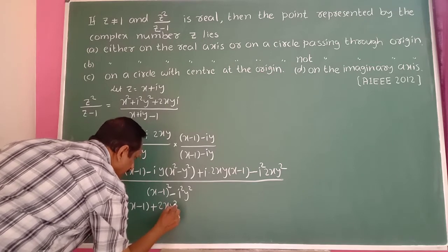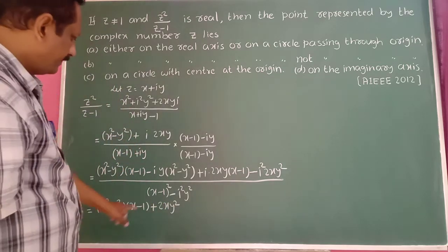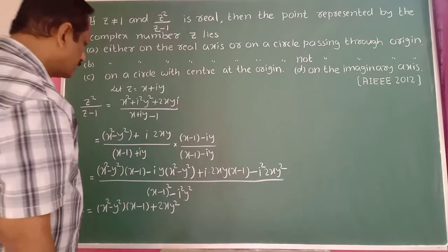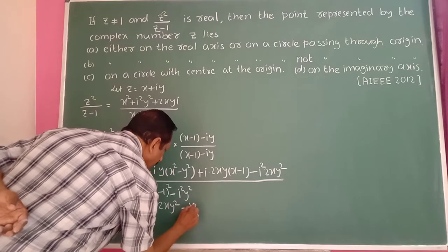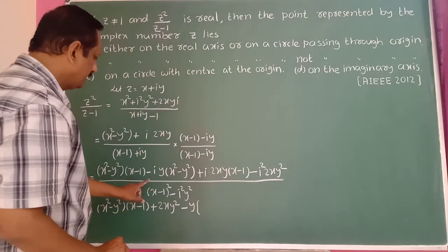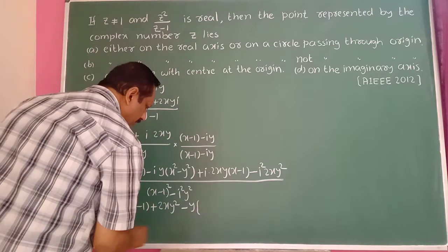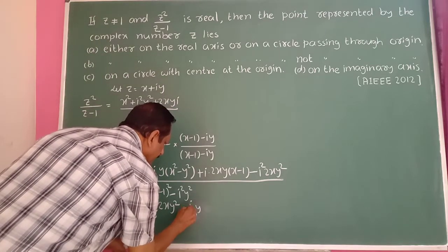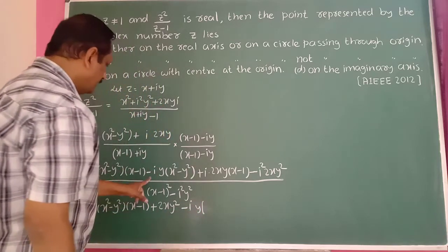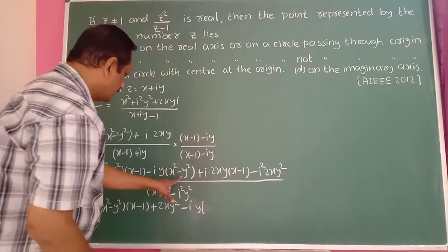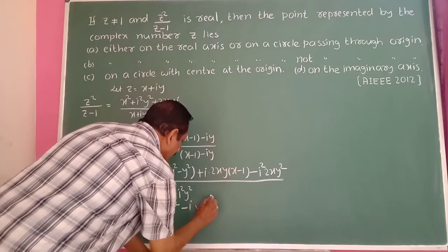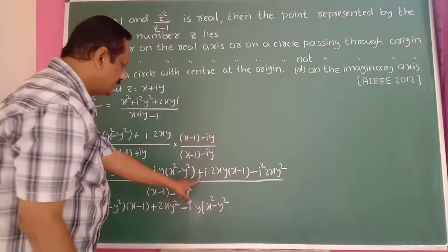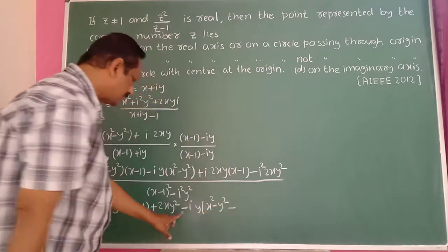2xy square. And from the middle two terms, i is a common factor, and you can take y also common. So minus y common, and i also common: i into y, in the bracket the remaining term (x square minus y square). Then this plus becomes a minus because you are taking a minus common factor.